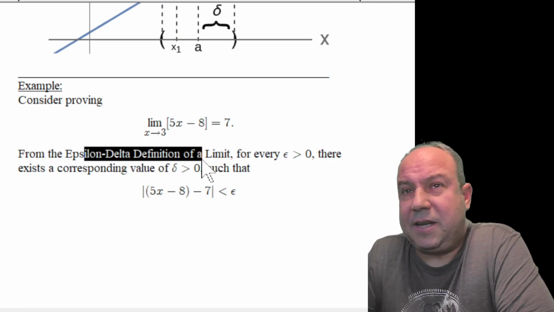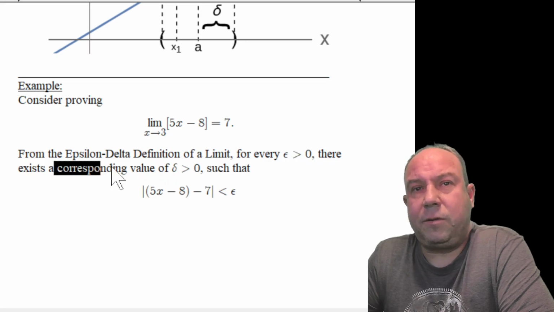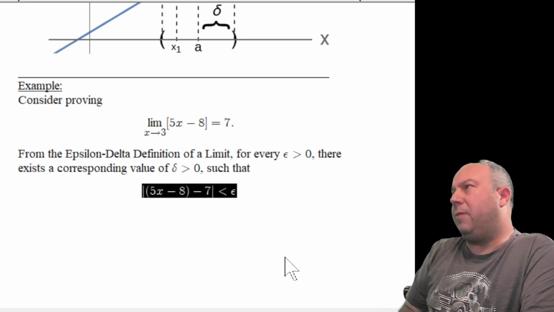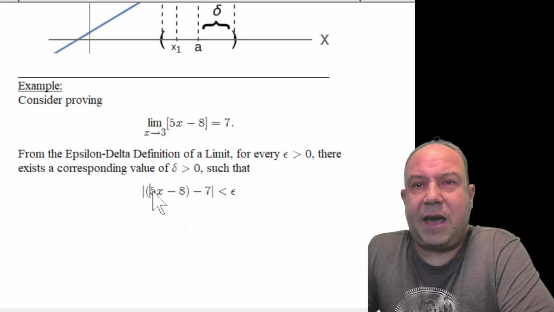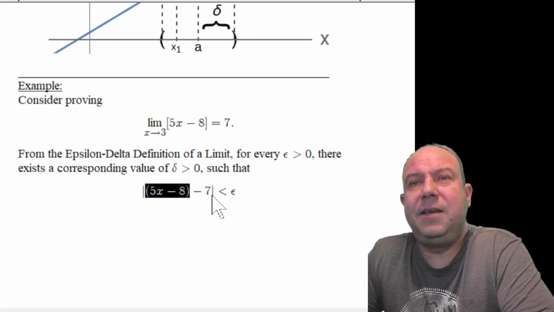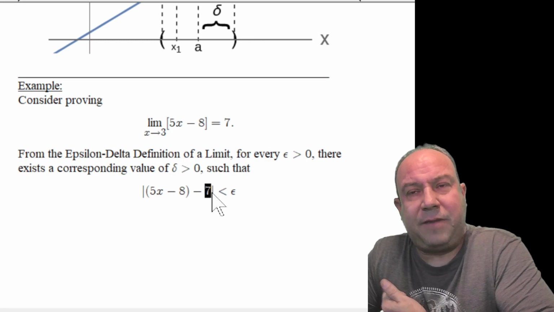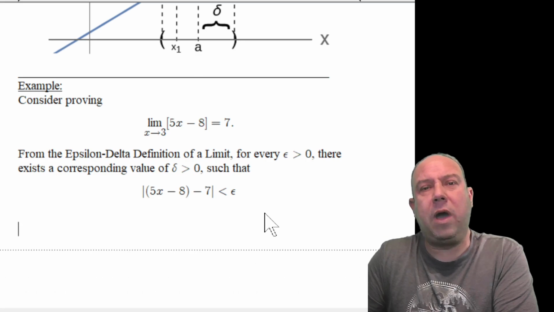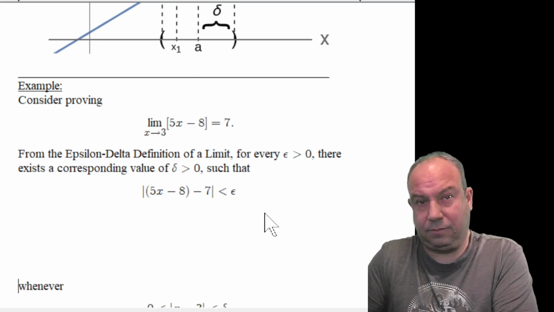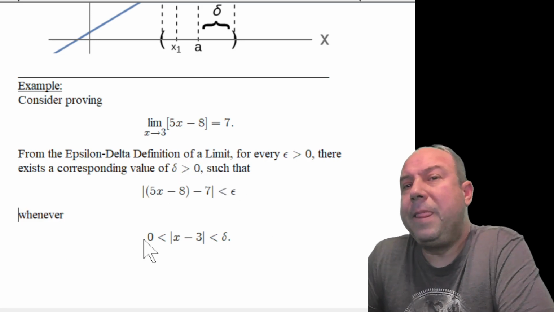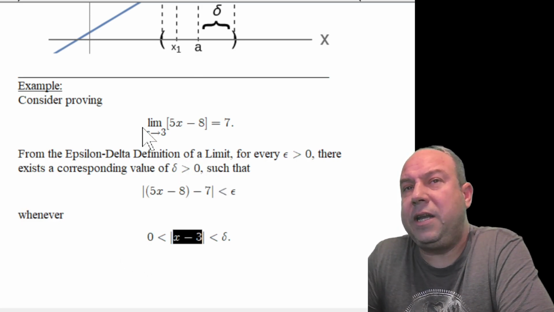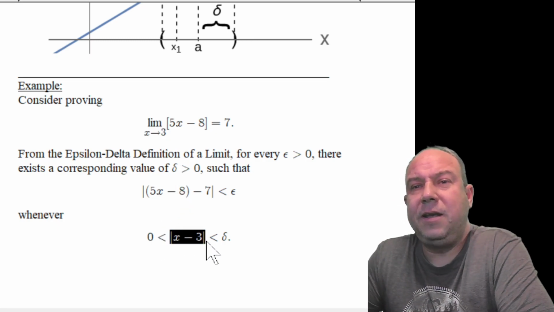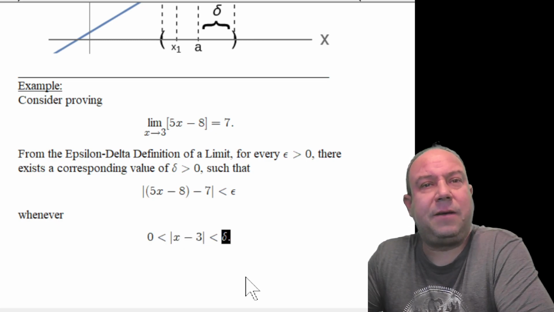If we notice from the epsilon delta definition of a limit, for every epsilon greater than 0, there must exist a corresponding value of delta greater than 0, such that what we would be able to say is that the absolute difference between f of x, which would be 5x minus 8, and the output of our limit L, the value 7, must be less than epsilon whenever the absolute difference between x and a, the value seen here in the limit statement, is less than delta.